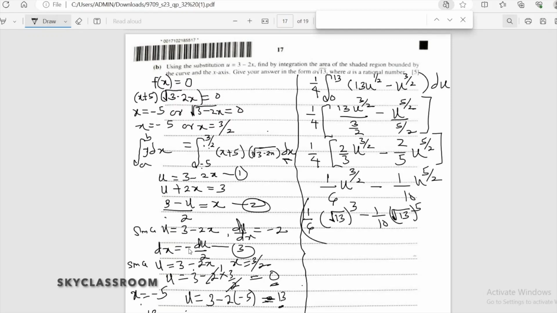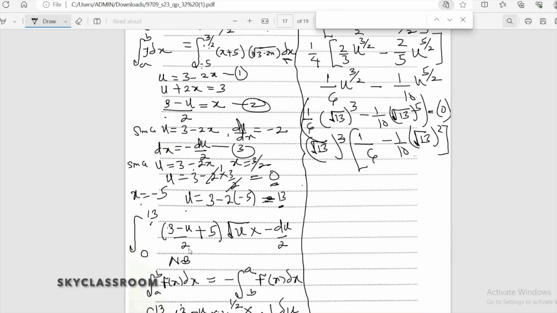That's when u is 13. Minus when u is 0, everything there becomes 0. When you check this place, root 13 cube is common. So what is left here is 1 over 6 and 1 over 10 root 13 square.